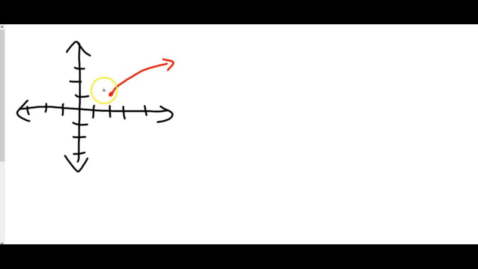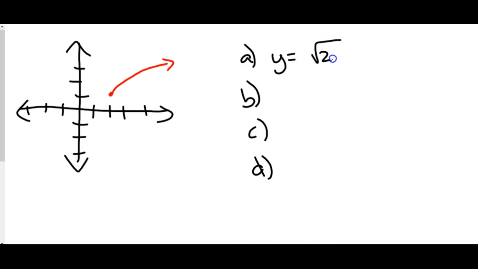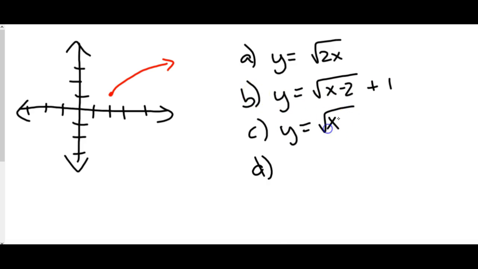So it wants us to match this graph to an equation, and it'll give us a list of equations. If we're not sure which equation is correct, what we're going to do is take points on the graph and plug them in.